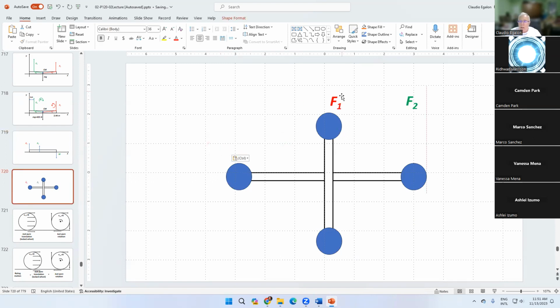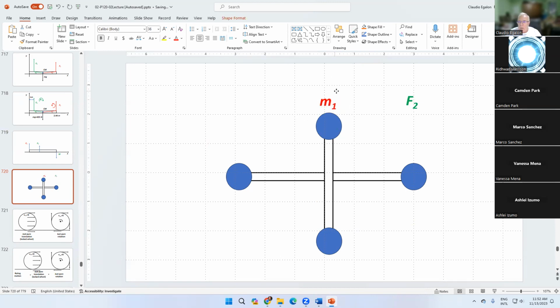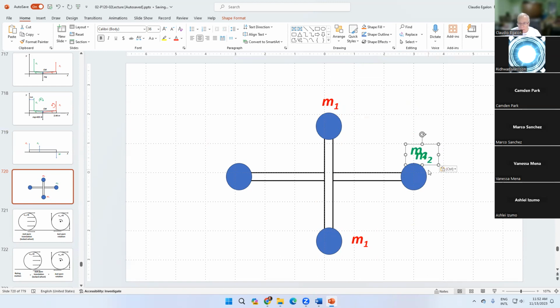This is going to be M1, these are the masses. This is going to be M2. And also the distances from the center of the baton.